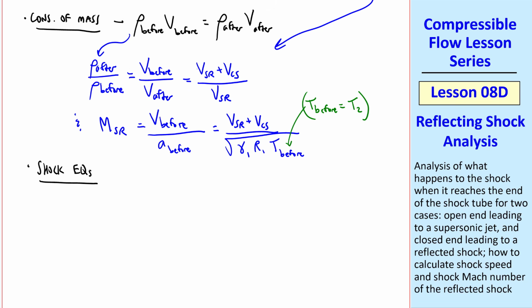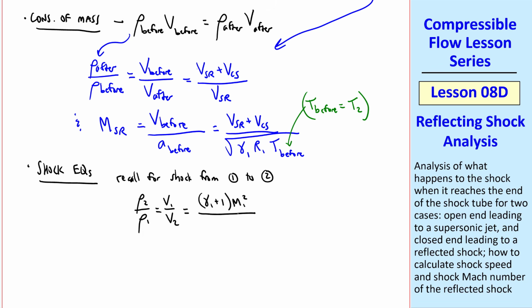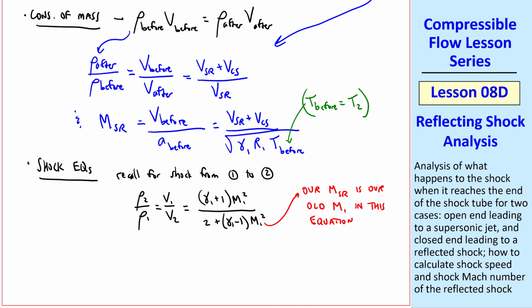So let's use our shock equations. Recall for a shock from 1 to 2, rho 2 over rho 1 is V1 over V2 is gamma 1 plus 1, M1 squared, over 2 plus gamma 1 minus 1, M1 squared. But here, our Mach number MSR is our old M1 in this equation.